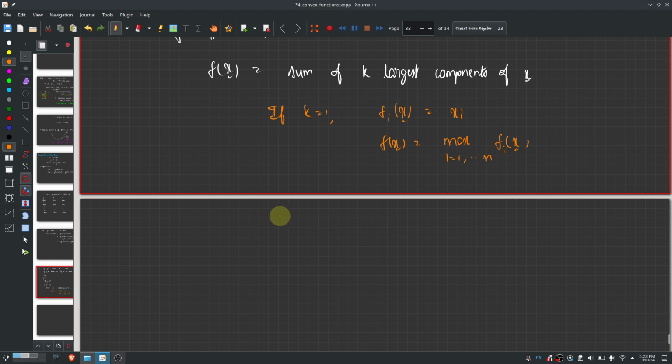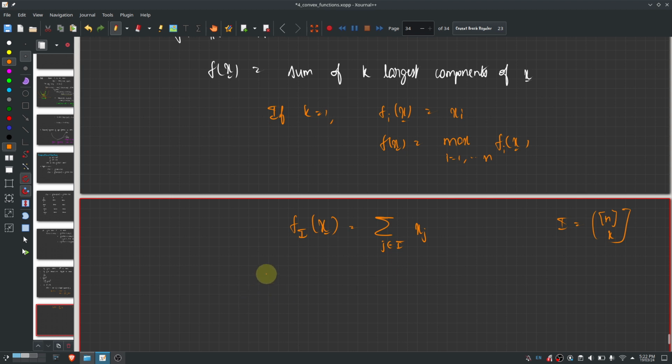Exactly. So let me define, let's say, fI of x. So I is basically any subset, so out of n I pick k components, and this is equal to the sum over j in I of xj. So you look at all possible combinations of k components and sum them up.